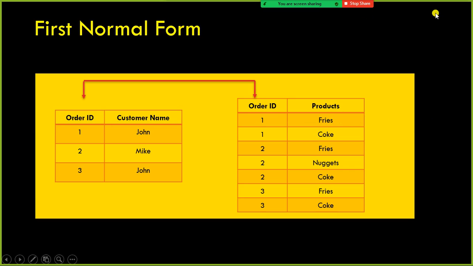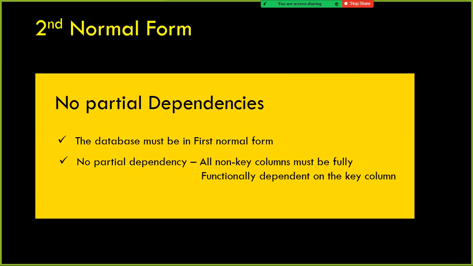So now you understood why we need to decompose or divide or break the tables into more than one table to address insert, update, and deletion anomalies. Fine. The next one is second normal form. Now let us look at the second normal form.